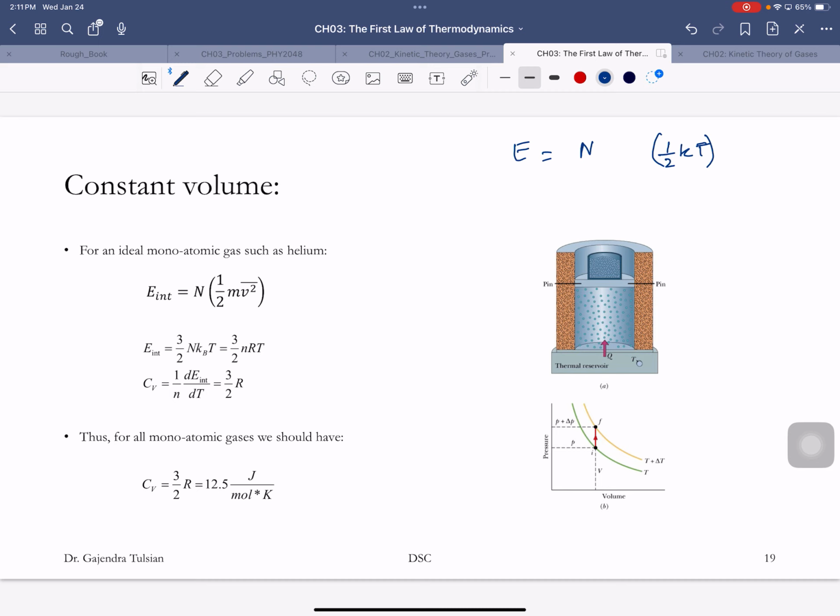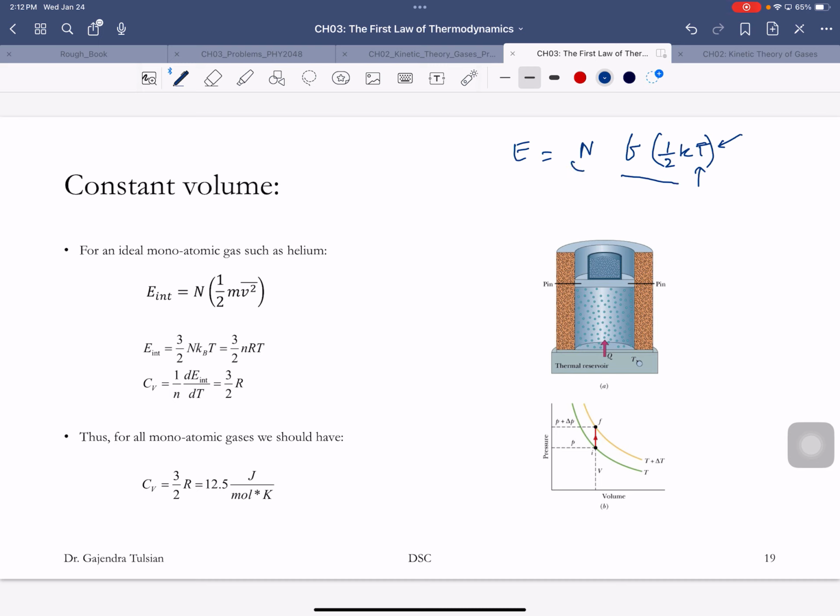So if a system is at temperature T, each degree of freedom is contributing 1/2 kT. And if each particle has F degrees of freedom, each particle gets F times 1/2 kT.